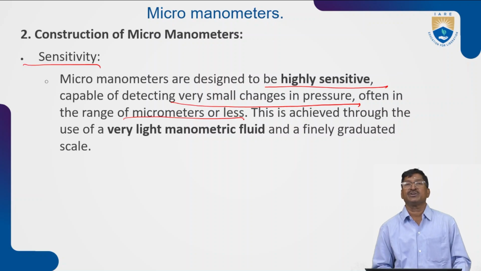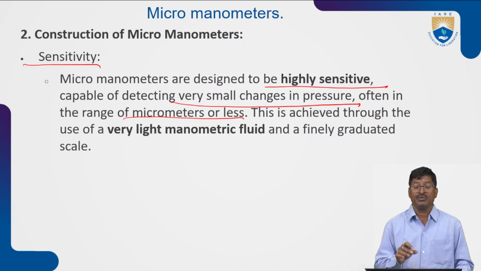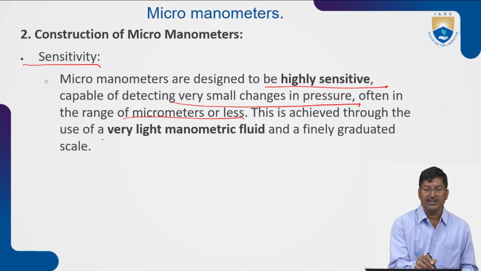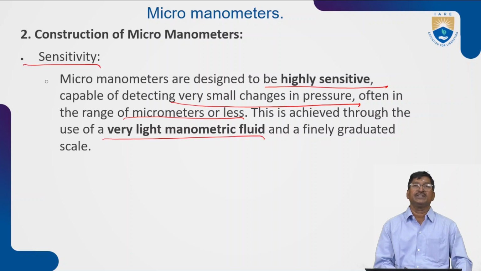So that's why it is called a micromanometer. Even less value also it can read. This is achieved through the use of a very light manometric fluid. How will you get this? You make it highly sensitive by placing a very light manometric fluid like alcohol, etc.